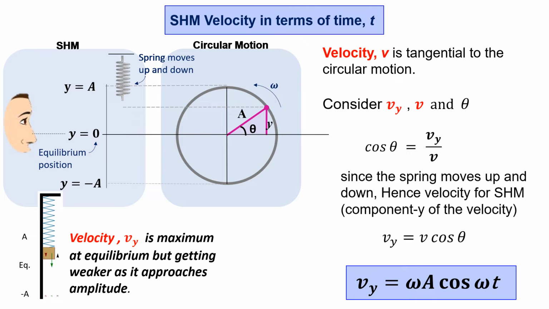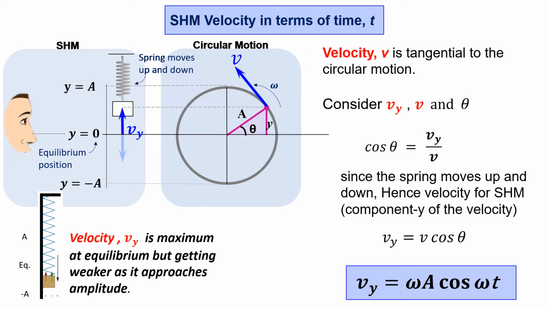Sekarang kita nak terbitkan persamaan velocity in terms of time. Cuba perhatikan objek daripada keseimbangan pergi ke sasaran y. Cuba kita tengok, dan terdapat tangential velocity.